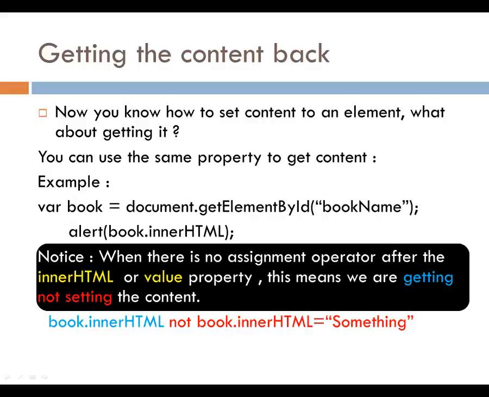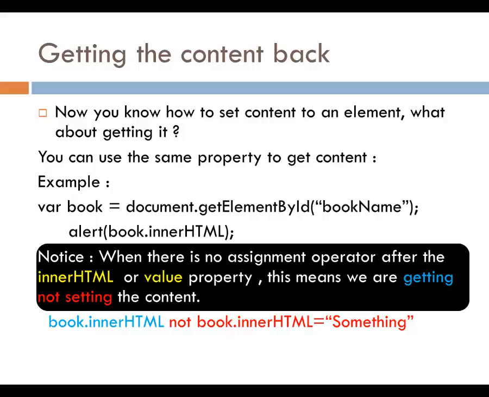So to get your content back, you'll basically write almost the same syntax. So you'll say alert, for example, if you want to alert whatever value or whatever content you have from that object or that element, you simply say alert book.innerHTML. So notice that here we have not written, or we have not declared or put any assignment operator.